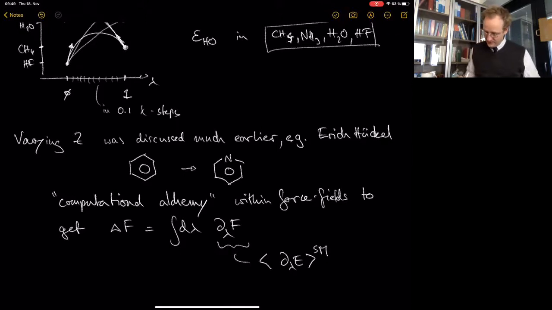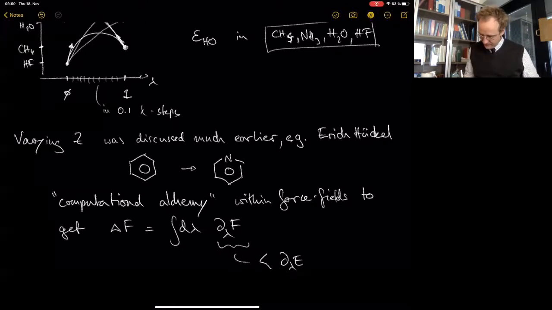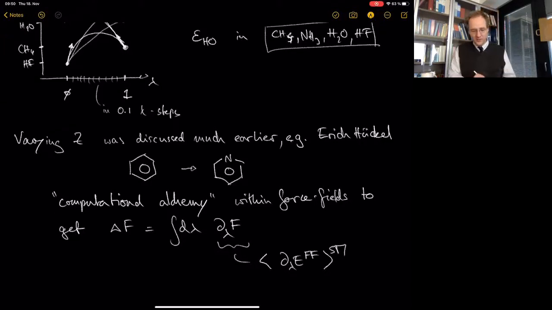So let me add this here. So there's an ensemble average of a force field potential, and you go from 0 to 1.